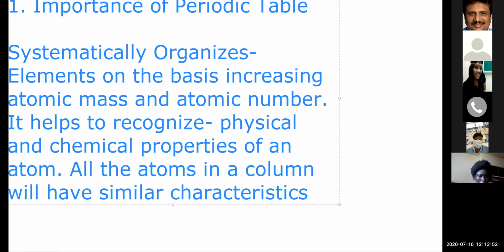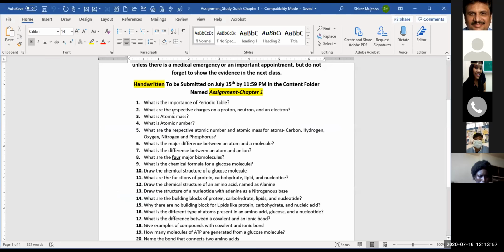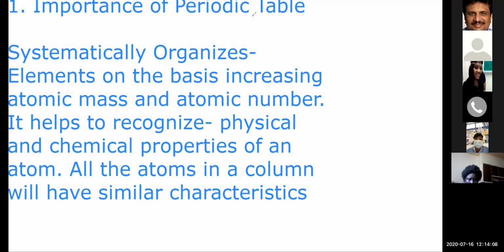And question number 2 is, what are the respective charges on a proton, neutron, and an electron? So where does this come from? Let's say there is an atom.